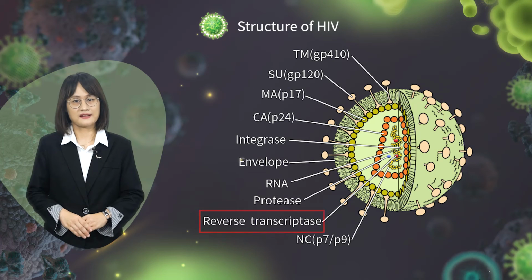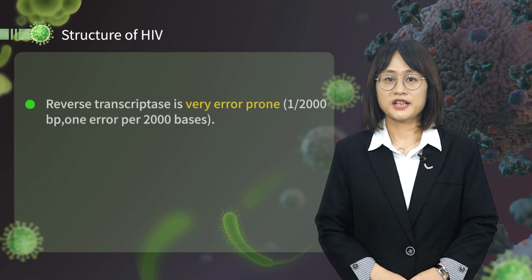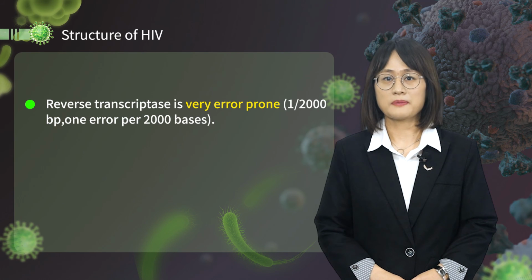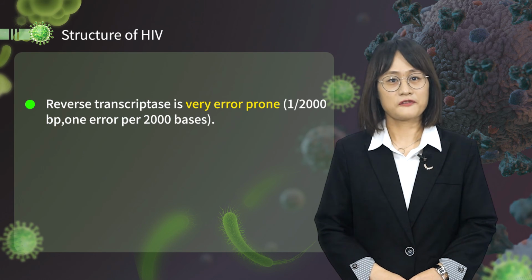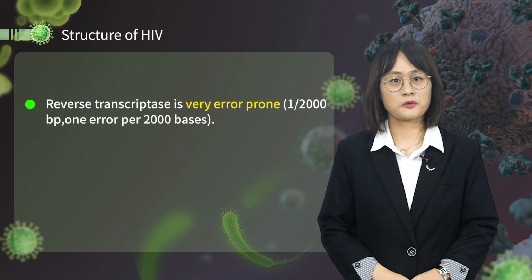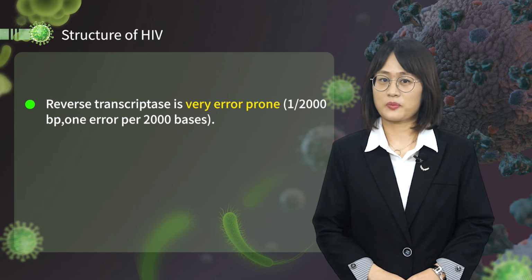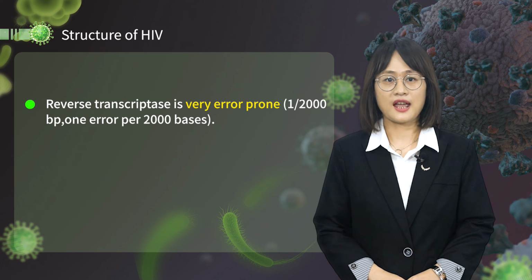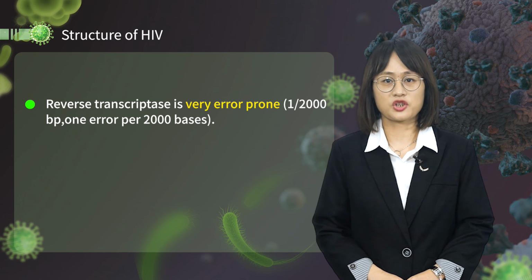Reverse transcriptase, RT, plays a major role in reverse transcribing a complementary negative stranded DNA, cDNA. RT also acts as a ribonuclease H for degradation of the RNA genome. Lacking proofreading, RT is very error-prone. The error rate for the RT from HIV is 1 error per 2,000 bases.